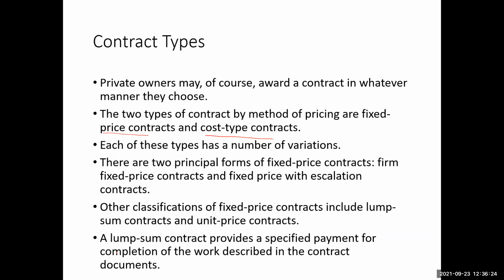That means if the contractor estimates that it will cost something like $100,000 for the contract, then after the completion of the work, the owner will pay this amount. That will be a lump sum contract.